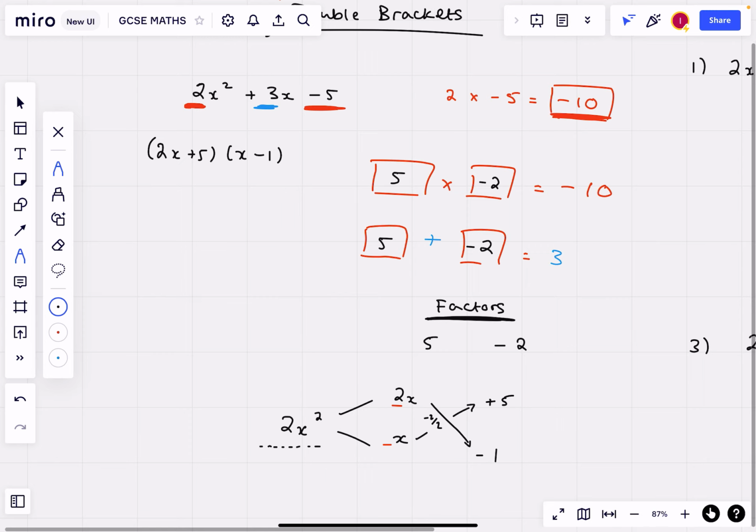And when we do that, we write the solution opposite to it. And then whatever's left, we write that opposite as well. This is how we get our brackets, like this.